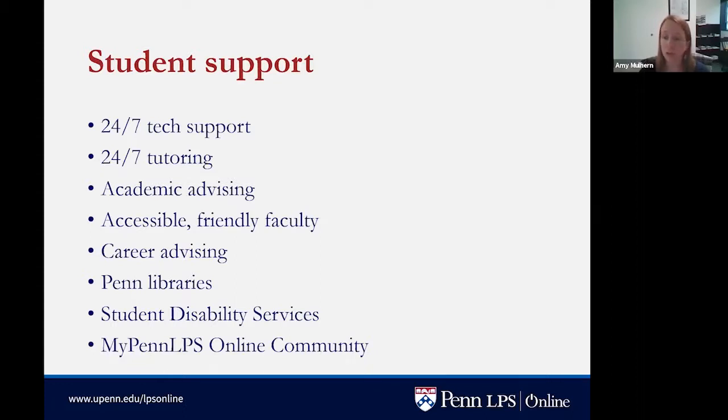Academic advising. So you have an advisor assigned to you as the data analytics certificate student, and your advisor is there to help you understand policies and procedures, helping you with registering for classes, understanding the academic calendar, pointing you to resources. So we always tell people to utilize their academic advisor.